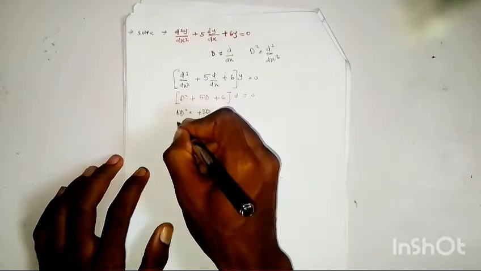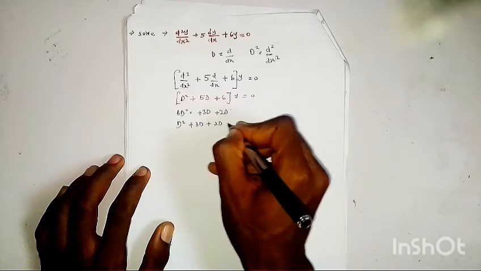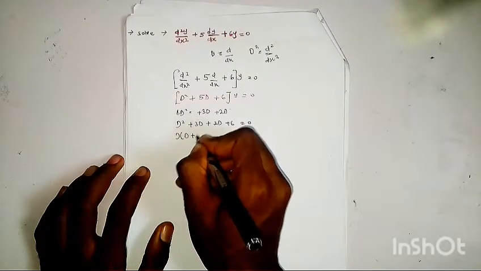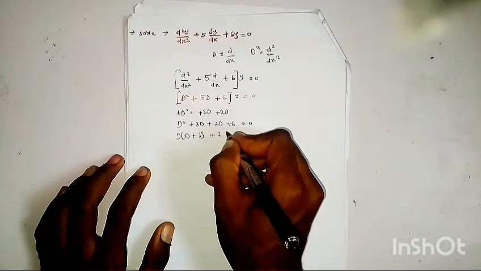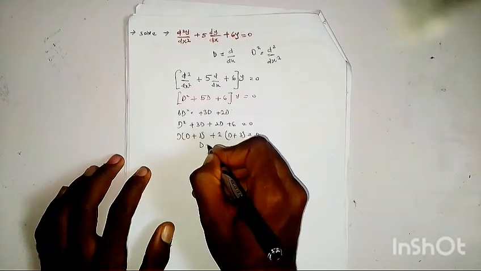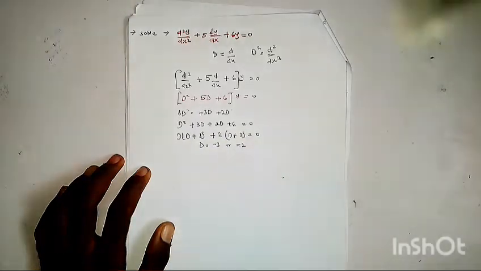So I have D square plus 3D plus 2D plus 6 equals 0, right? So D open bracket D plus 3, plus 2 open bracket D plus 3, equals 0. So my D is equal to minus 3 or minus 2.